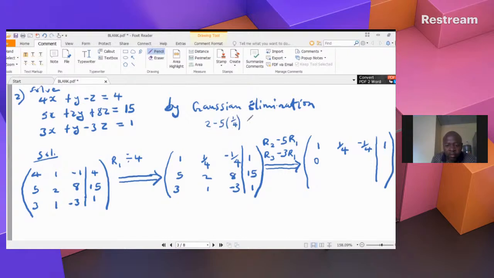You notice that the LCM there will be 4, and this will be 8 minus 5. Under the same LCM, remember this is 1, so the LCM there is 4. So this is 8 minus 5, which gives us 3 out of 4.